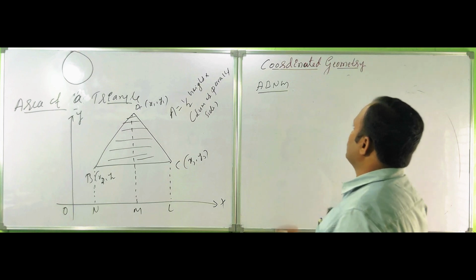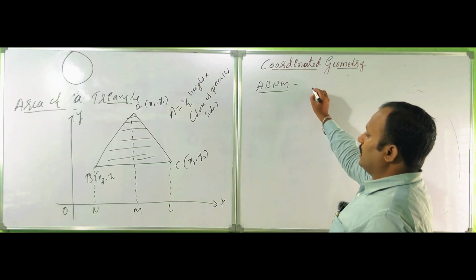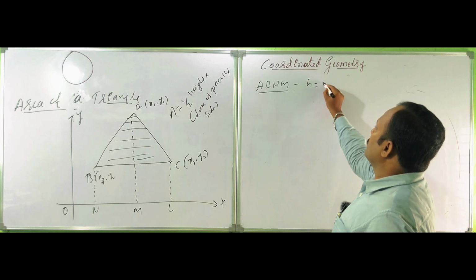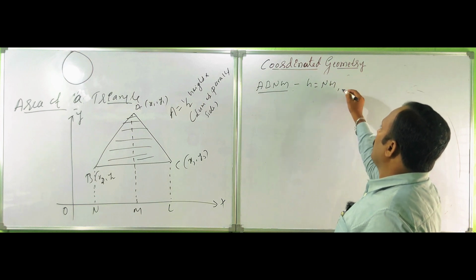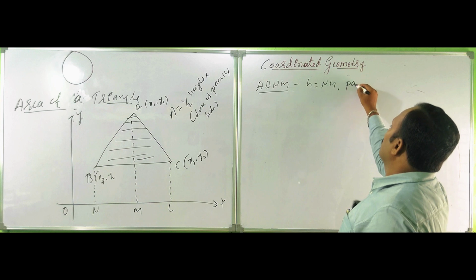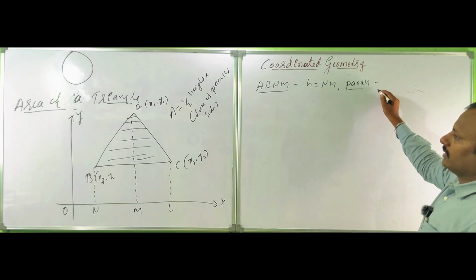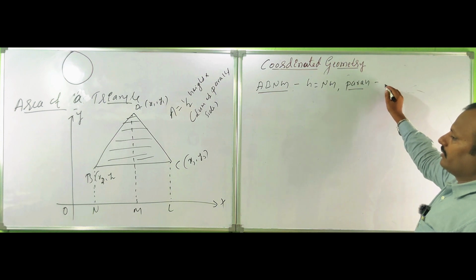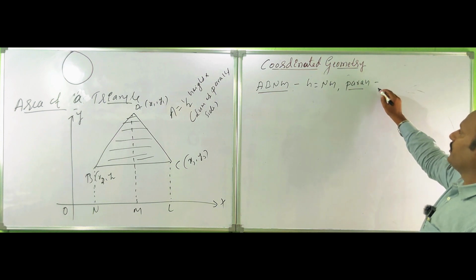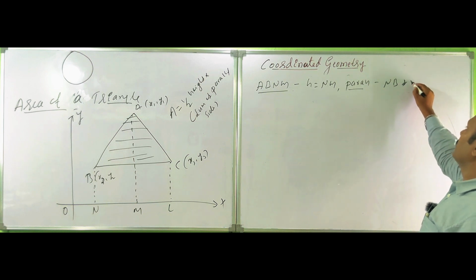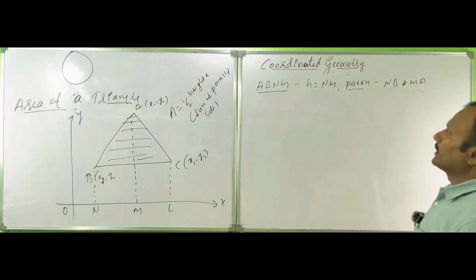Here height is NM, H is equal to NM, and parallel sides are NB and MA.